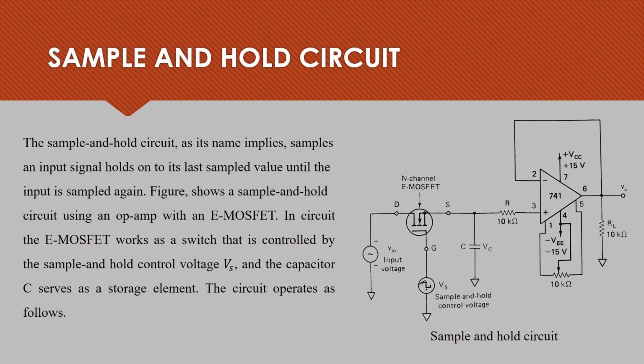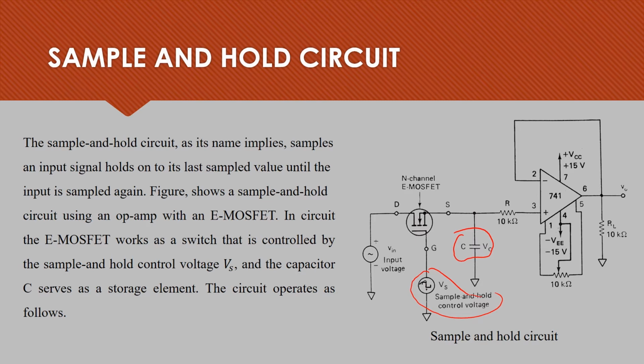In this circuit, E-MOSFET works as a switch that is controlled by sample and hold control voltage Vs, and the capacitor C serves as a storage element.